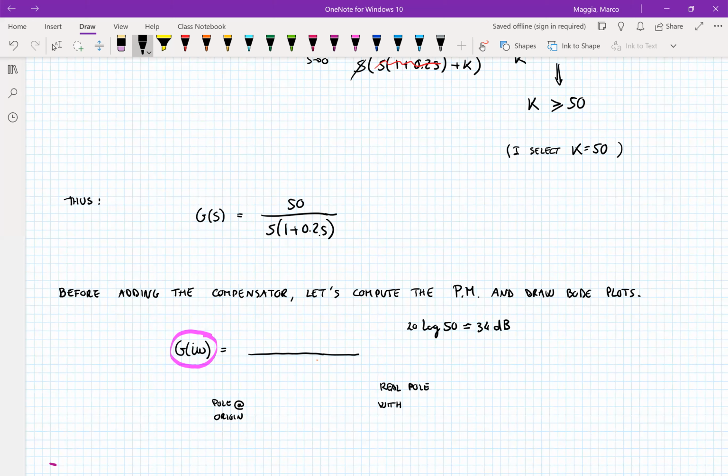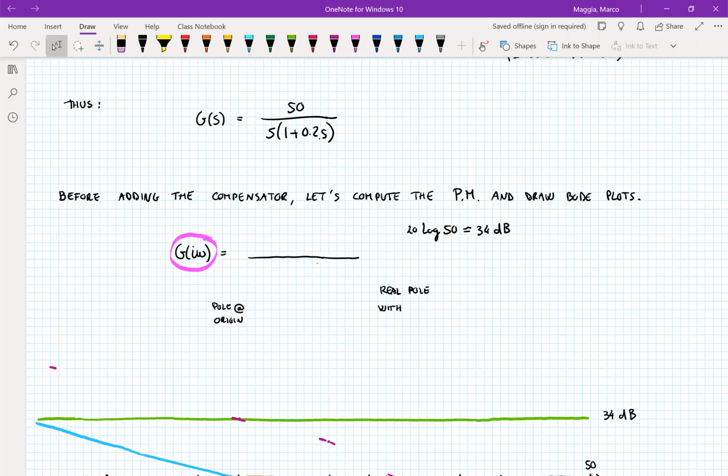So let's compute the phase margin for the uncompensated system. In order to do that, let's first draw the Bode plots, magnitude and phase, for the modified plant. So we have G, and now we're considering i omega instead of s. So we have 50 over i omega times (1 plus 0.2 i omega). Here we have three components. We have a constant gain.